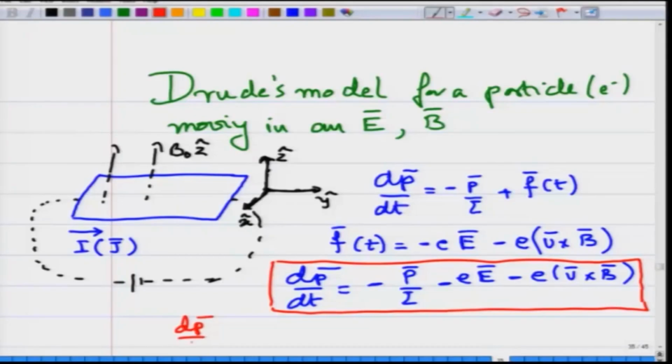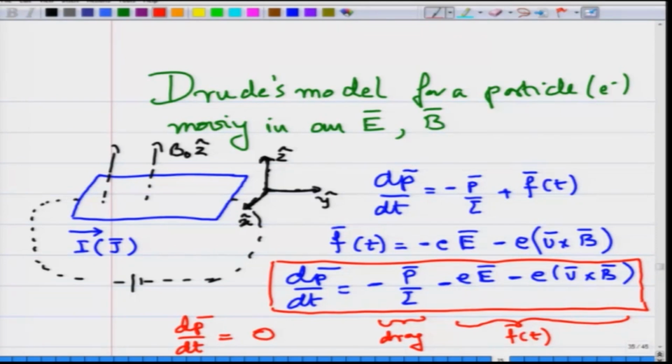So, we are looking for solutions which are of the form dp by dt is equal to 0, where your external force f of t is being balanced by the drag force, which results in uniform constant velocity or constant speed of the electron.